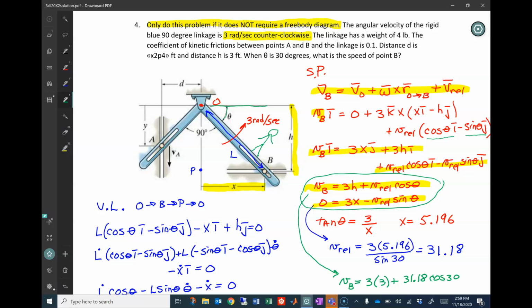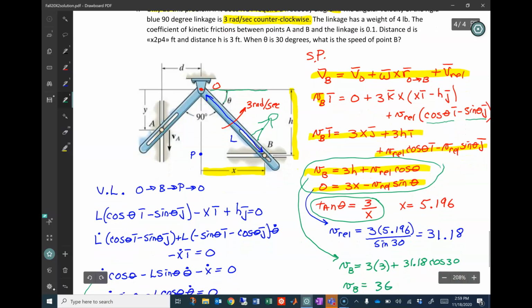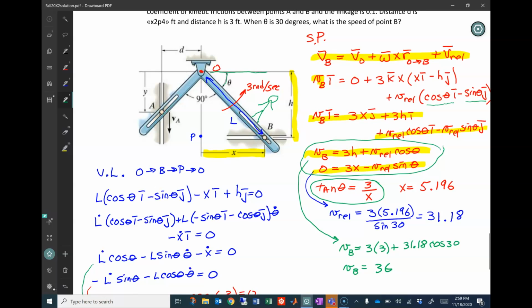Okay, so you look back at the picture, and this is how you'll find the relation between the H and the X. So the tangent of theta is equal to 3 over X. So then you can solve for X. Now that you have X, you only have 2 unknowns, and you can solve for VREL from the bottom equation, and then get the VB. So that's just algebra there.